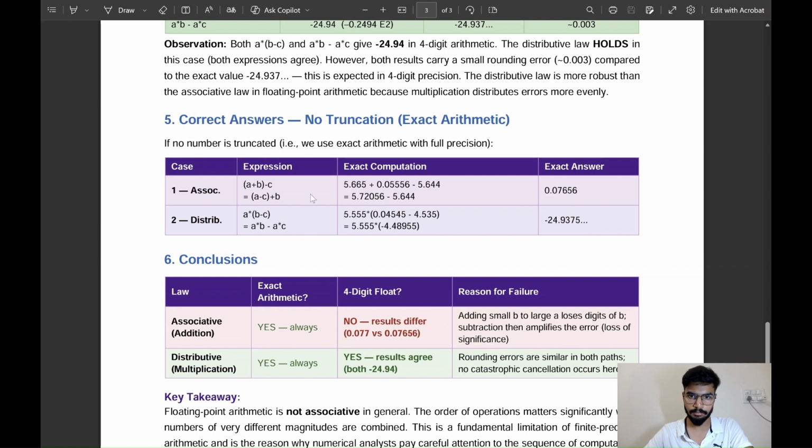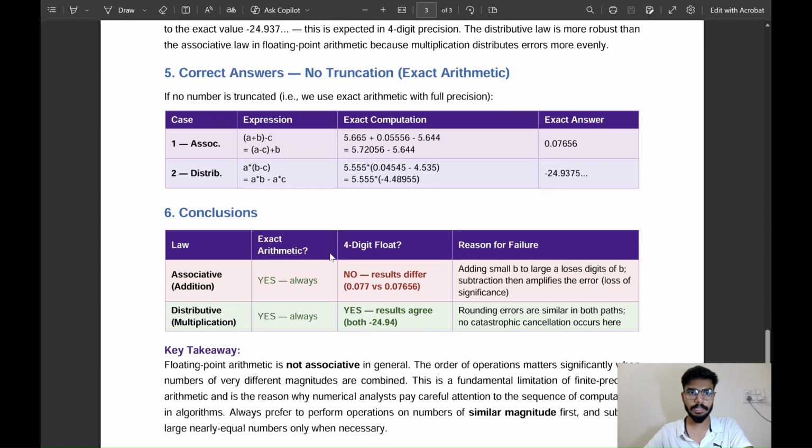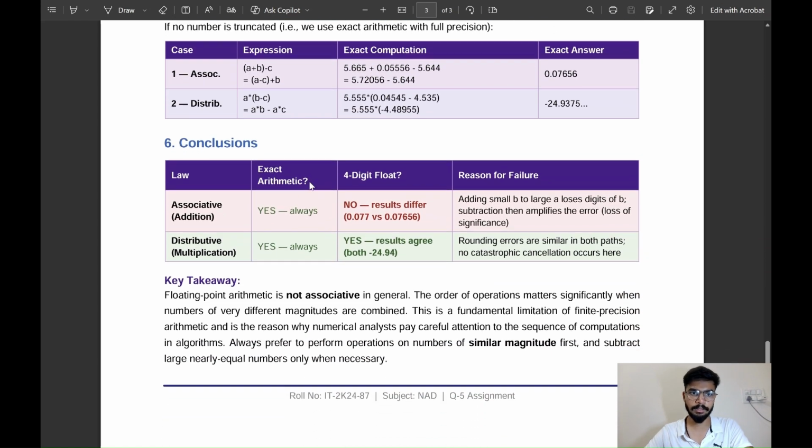Now the conclusion: for the associative law, yes in exact arithmetic, but no in 4-digit floating point, the results are not the same. The reason is that rounding error comes in. For the distributive law, yes in exact arithmetic, and yes it is the same in 4-digit floating point. The reason is rounding off.